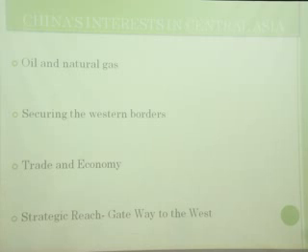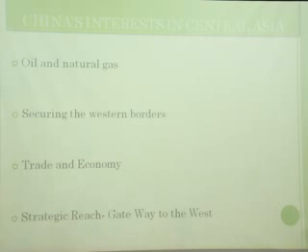And the second one would be securing the western borders, as I already said, regarding the Xinjiang Uyghur Autonomous Region, which is again seeking to separate away from China. There has been sufficient Islamist fundamentalism transcending the borders of Central Asia into Xinjiang, and preventing this figures primarily in the agenda of China. And the third is trade and economy.